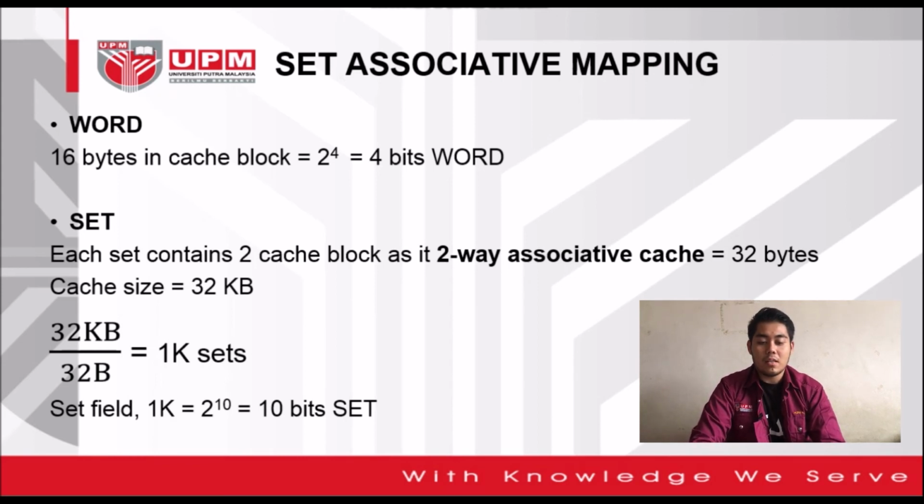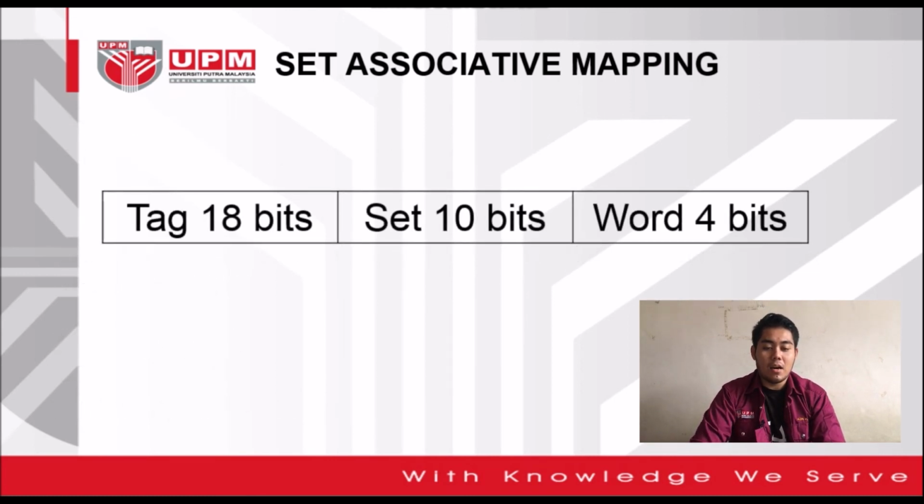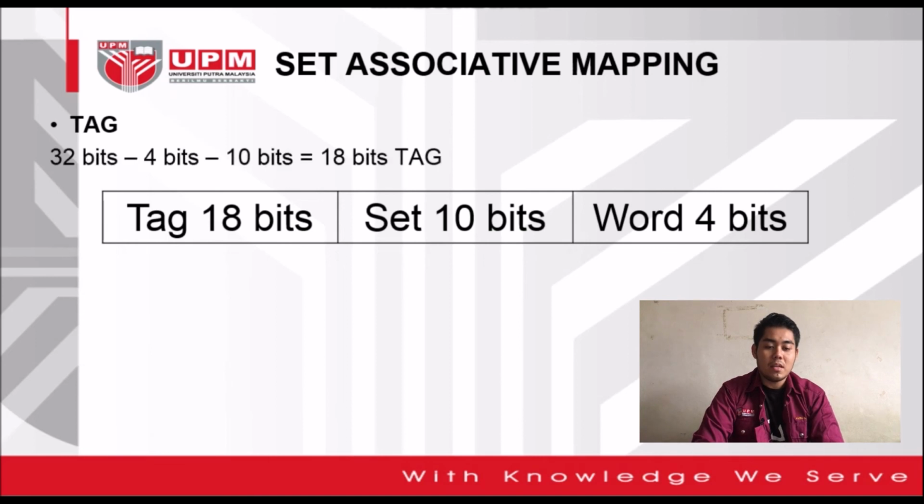So we know the set is 10 bits. Alright, the whole address given in the example is 32 bits. So we can know the rest, the tag, is 18 bits by subtracting 4 and 10 from 32 bits. So we get 18 bits in the tag.